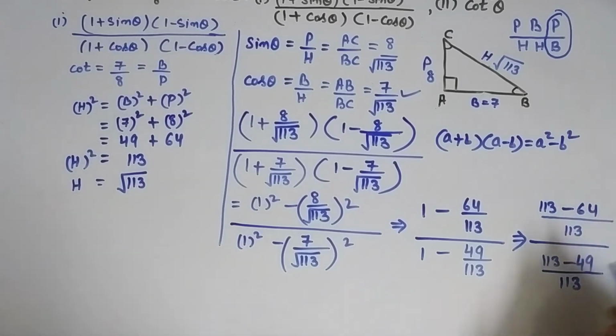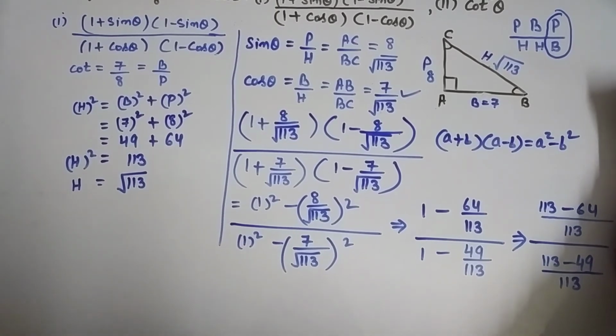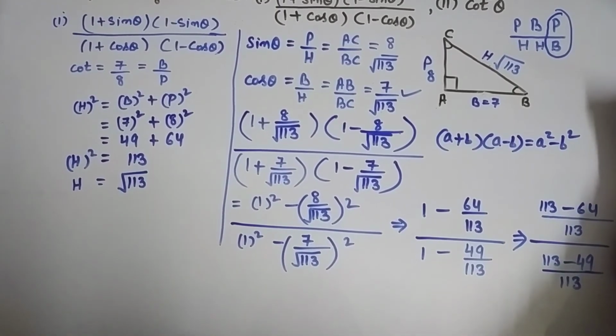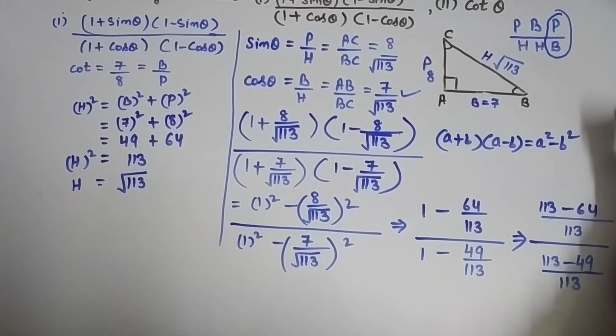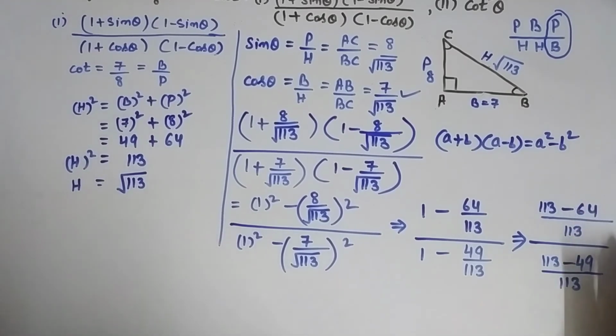Okay, so 113 minus 64, how much? We have 49.